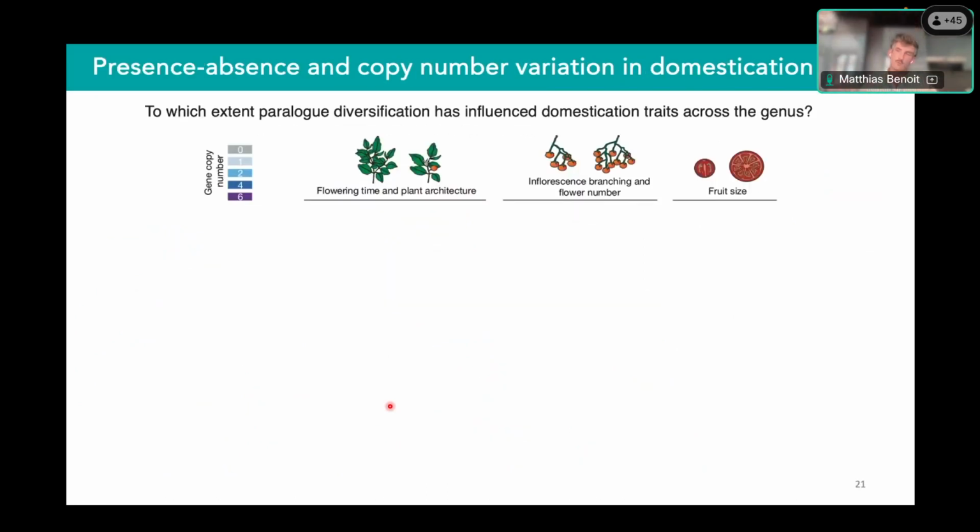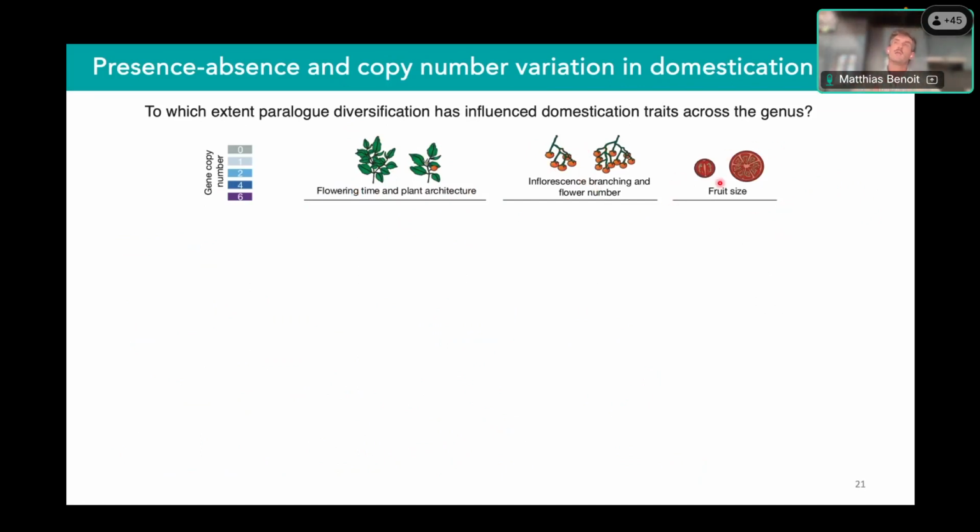We wanted now to see how this evolution of paralogs would impact the phenotypes observed in the Solanum, right? And we wanted to know in particular how those paralogue diversifications would influence major agricultural traits. I introduced them to you before, such as flowering time, inflorescence and branching, flower number, so basically plant yield, and fruit size.